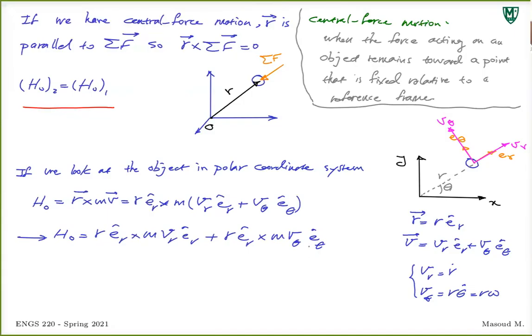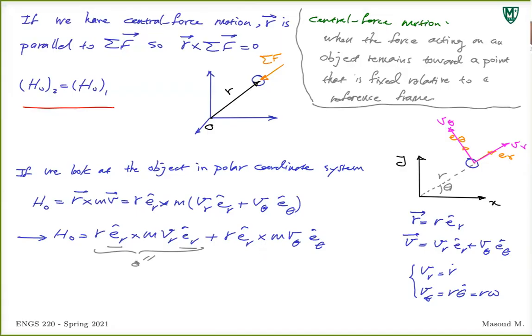Now R ER cross M VR ER, well, these two vectors are aligned, we just talked about that. The angle between them is 0, so this whole thing becomes 0. The second term, ER cross E theta.